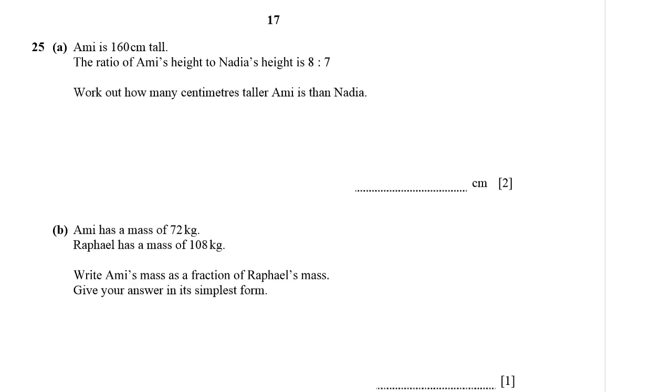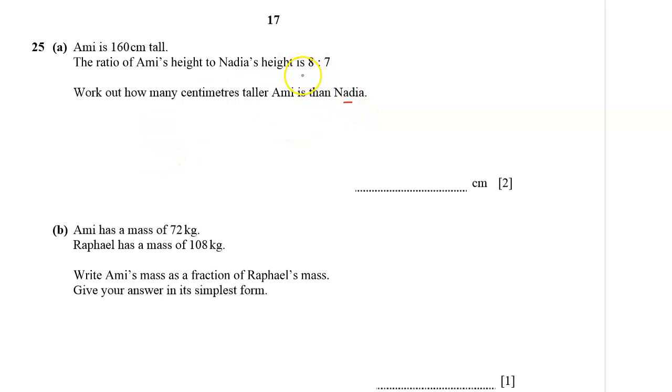Question 25. Ami is 160 centimeters tall. The ratio of Ami's height to Nadia's height is 8 to 7. Work out how many centimeters taller Ami is than Nadia. Alright.